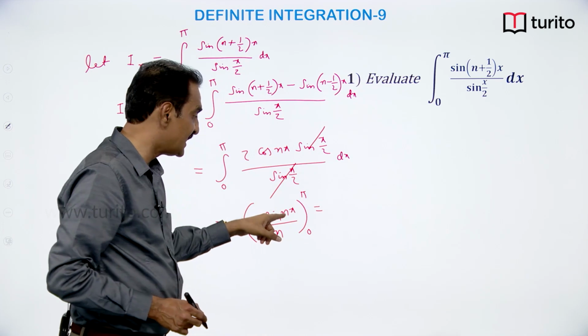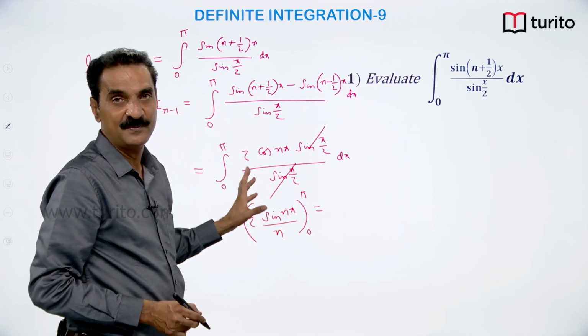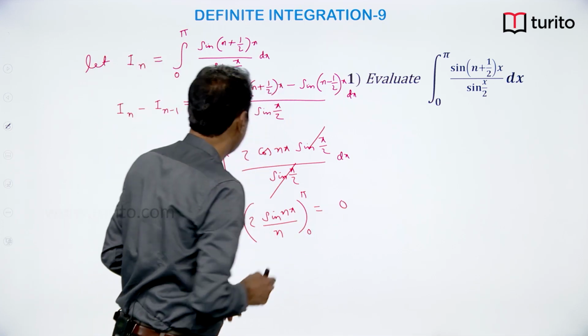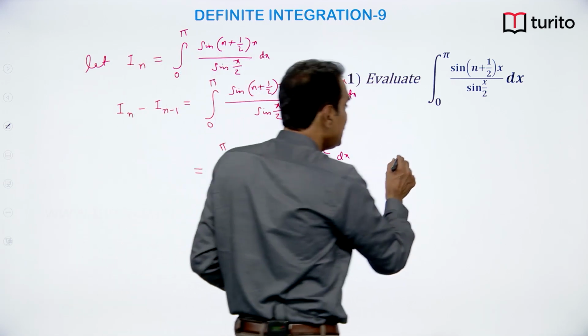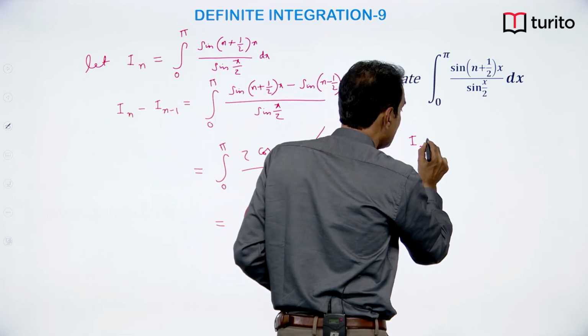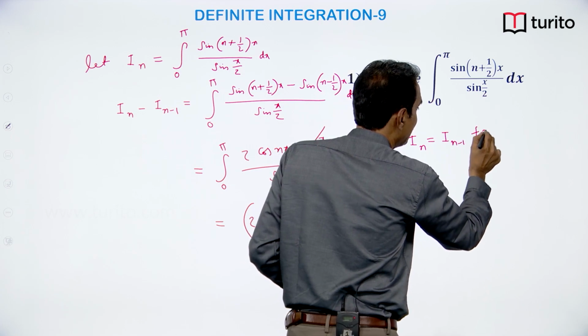So, if n is an integer, sin of n pi will be 0, and similarly substituting 0, it will be 0. So, this is completely 0. In minus In minus 1 is 0 means In is equal to In minus 1 for all n.